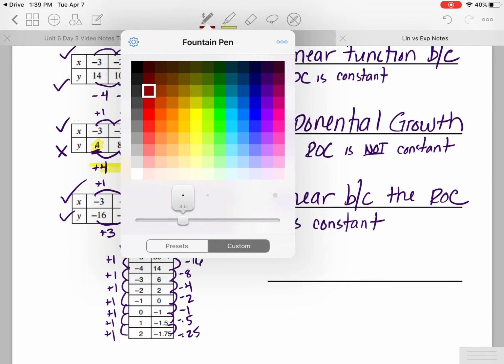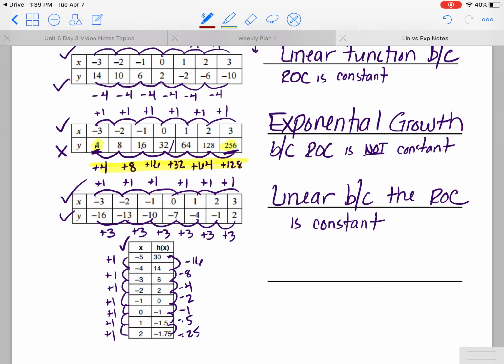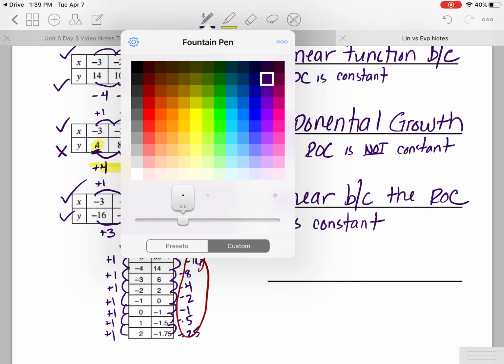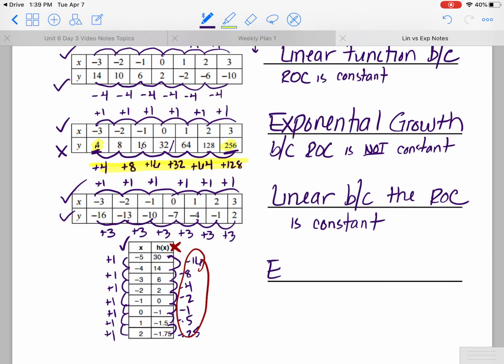However, this one, I'll put a big red X. Again, if I look at my numbers, those are not consistent. So this one happens to be an exponential.